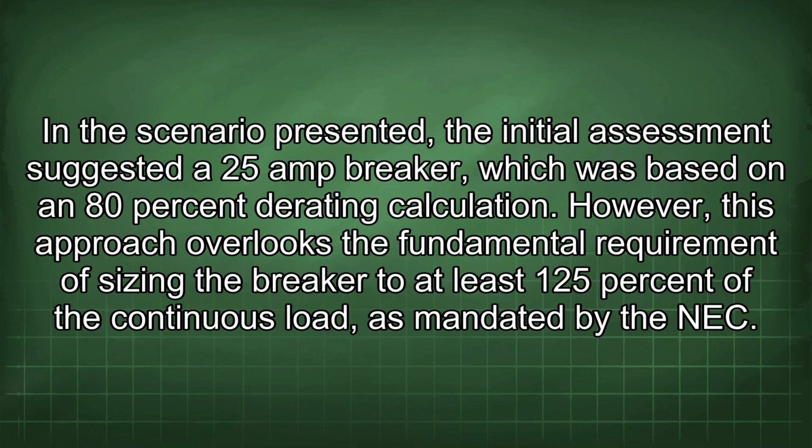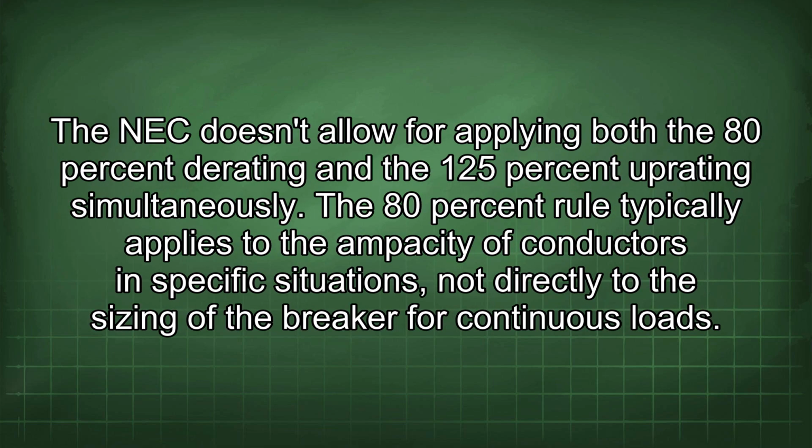In the scenario presented, the initial assessment suggested a 25 amp breaker, which was based on an 80% rating calculation. However, this approach overlooks the fundamental requirement of sizing the breaker to at least 125% of the continuous load, as mandated by the NEC. The NEC doesn't allow for applying both the 80% rating and the 125% uprating simultaneously.